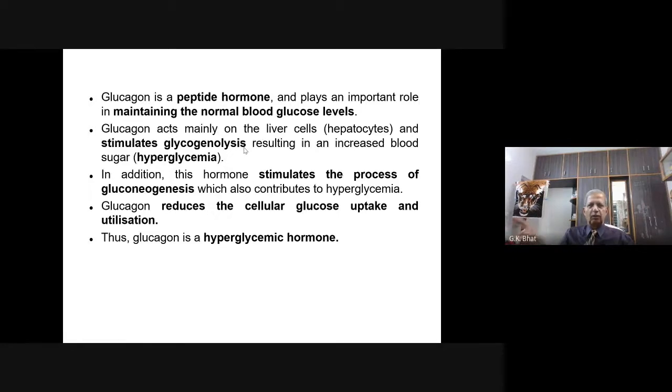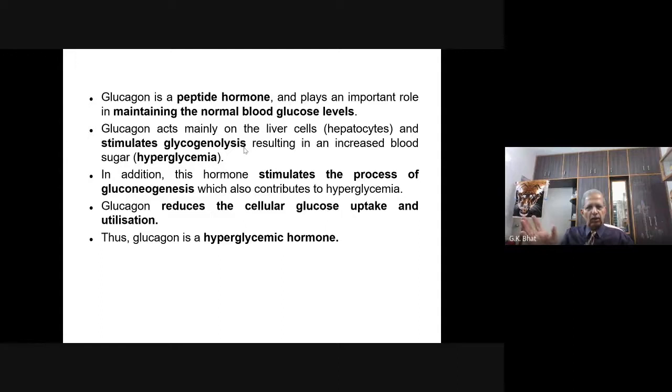Glycogenolysis means breakdown of glycogen. Glycogen is nothing but stored glucose. In our body, whenever there is extra glucose, it is first converted into glycogen and stored in the liver at the beginning. Later, it will be stored in the muscle.